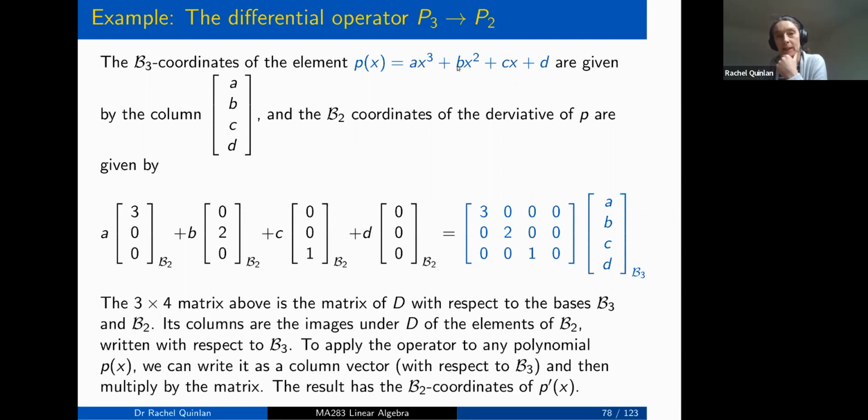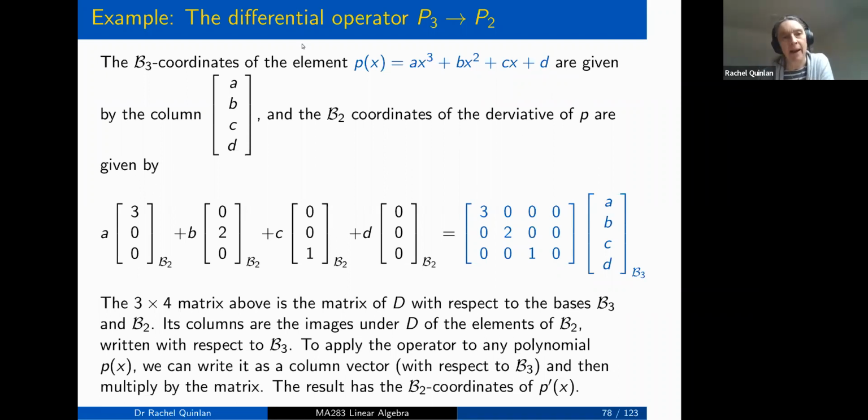Differentiating p, from the bx squared term we get 2bx, so we get 2b as the coefficient of x in the derivative. The cx term's derivative is just c, and that's the coefficient of 1 in the derivative in P2, and the d part just gives us 0 when we differentiate it.